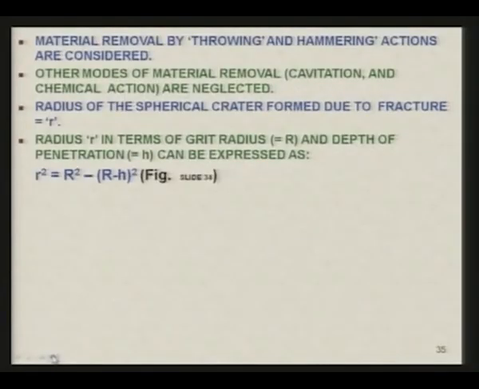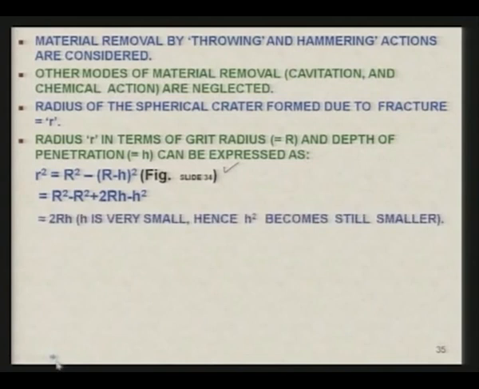So, r square is equal to capital R square minus capital R minus h whole square, as we have seen in the previous slide. If you simplify this equation and open this term, you get r square equals capital R square minus capital R square plus 2 R h minus h square.